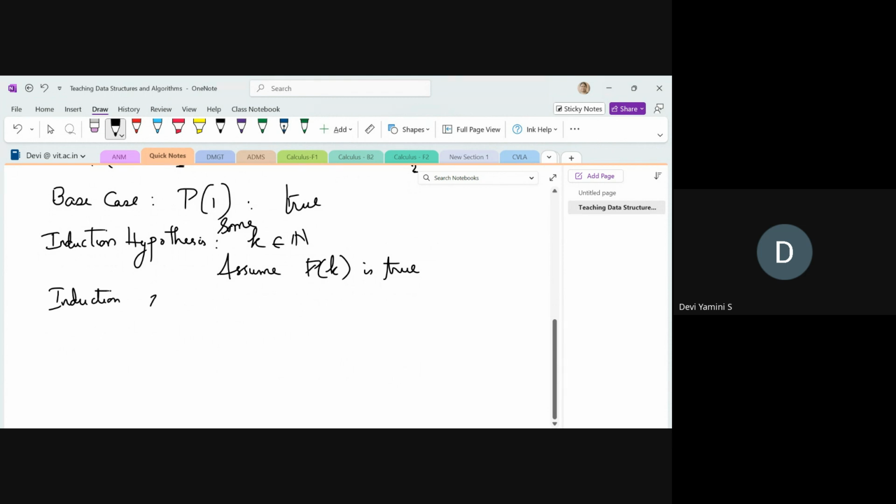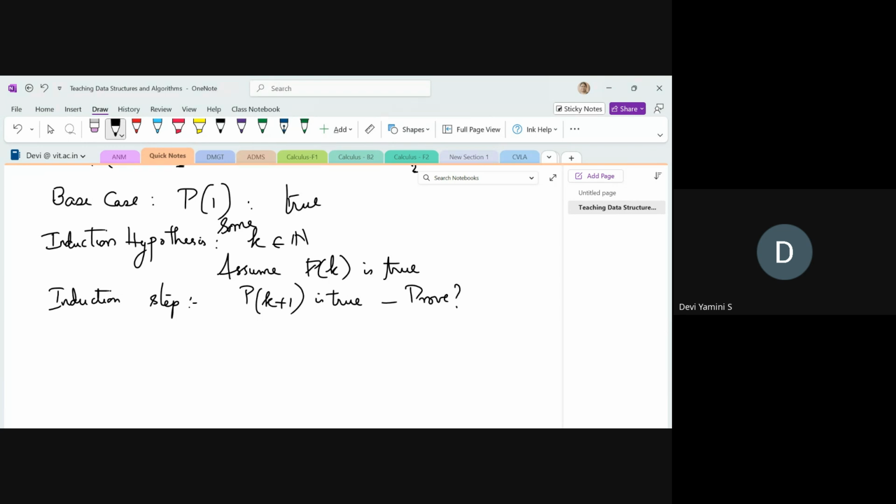Induction step is we are going to prove that P of the next natural number, k plus 1, is true. You have to prove this. So how do we prove it? We are going to prove this with the assumption that P of k is true. So this is going to help us in proving P of k plus 1 is true.